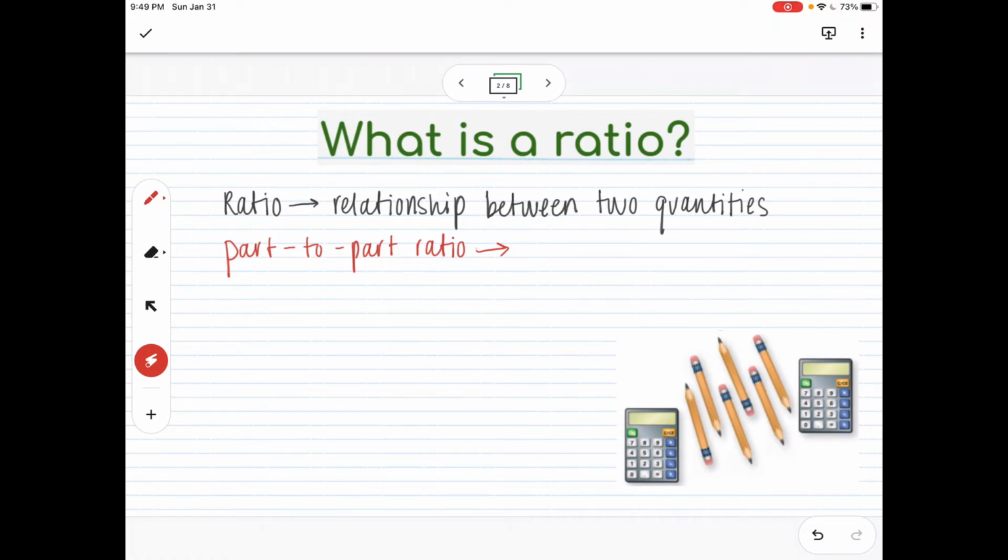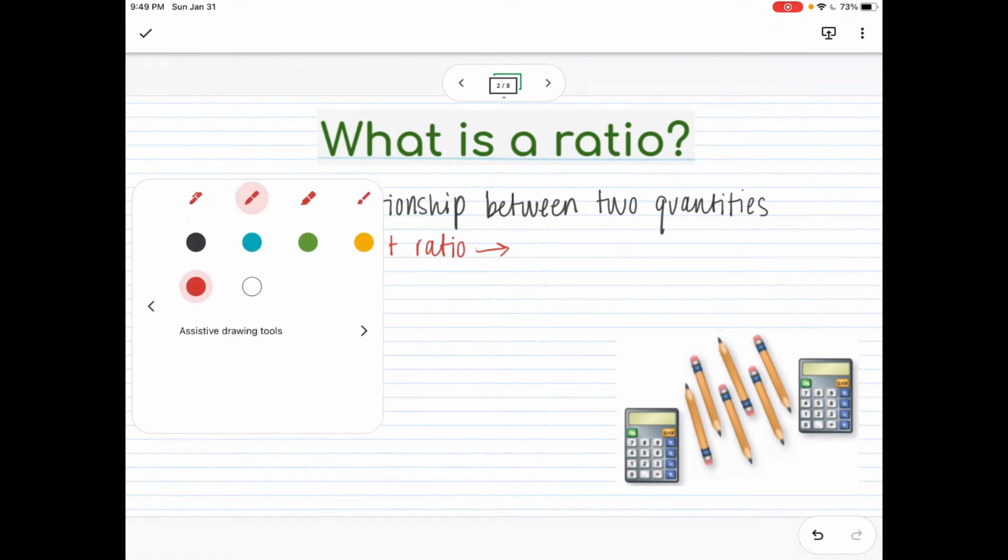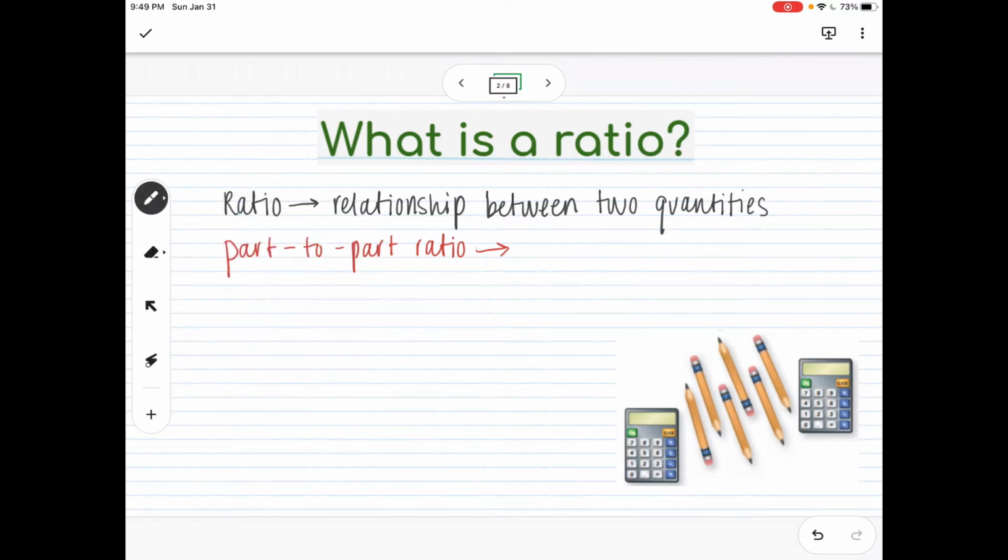If we were creating a part-to-part ratio, here we can say that there are two calculators for every 6 pencils. So our part-to-part ratio there would be 2 to 6. A part-to-part ratio just describes the different parts within the ratios.